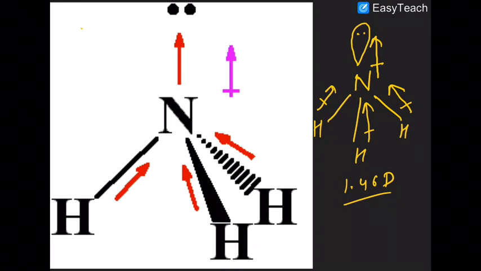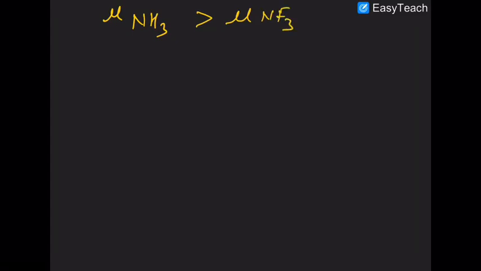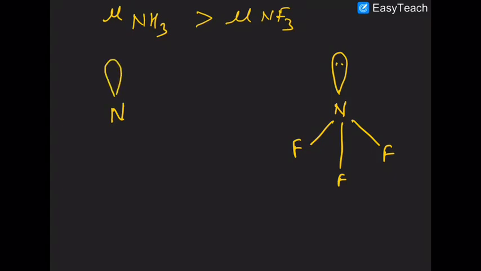But a very interesting example is there: mu of ammonia is greater than mu of NF3. Why is it so? In both ammonia and NF3, nitrogen is sp3 hybridized, and one of the lobes contains a lone pair.